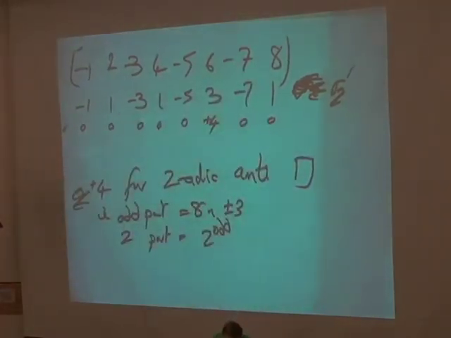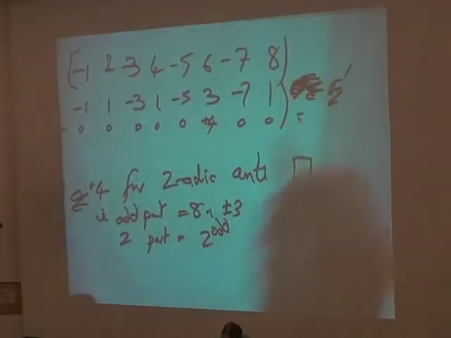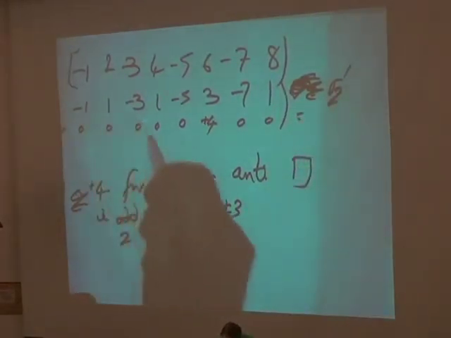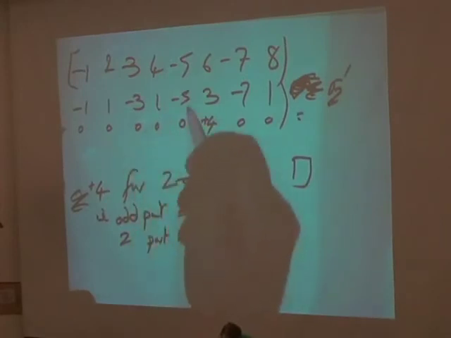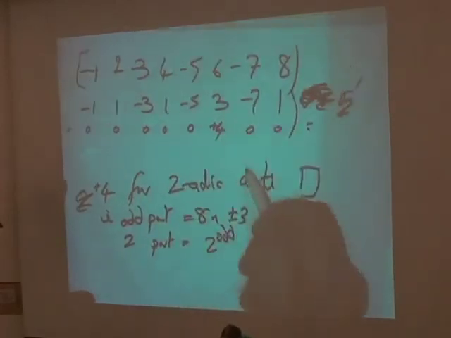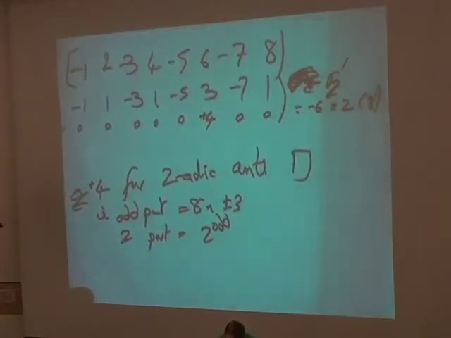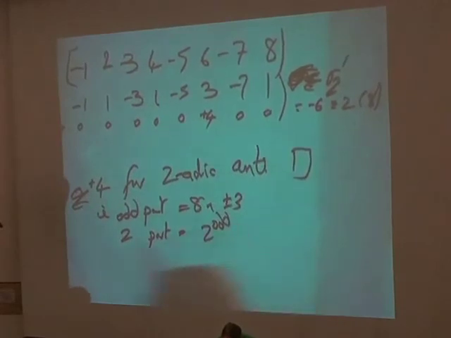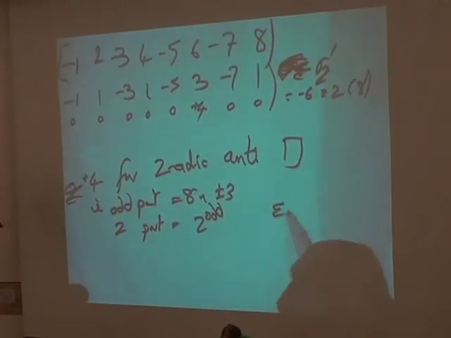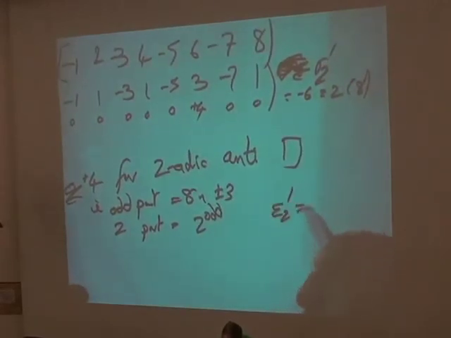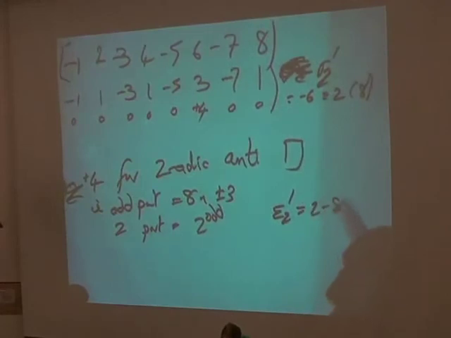That's it. So what is it? It is minus 3, 1, minus 2, minus 7, plus 7 is 0. So it's minus 6, which is 2 mod 8. Okay, so epsilon 2 prime is that minus the dimension, which is still 2 mod 8.